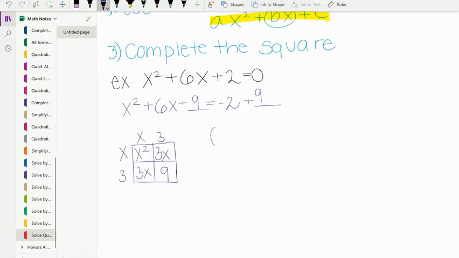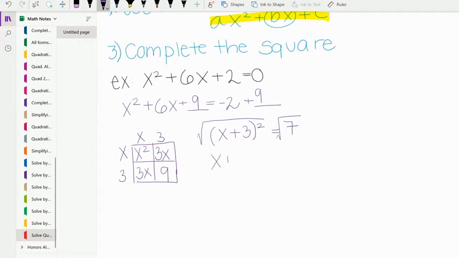So since I have x and 3 on both sides, I would say it's x plus 3 squared equals, and then we have negative 2 plus 9, which is 7. Now, if I were putting this in vertex form, I would subtract the 7, but what I'm trying to do is isolate the x. So in order to do that, I would have to square root both sides.